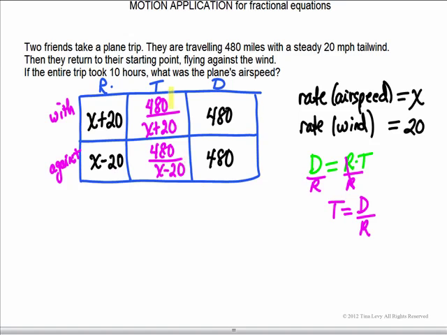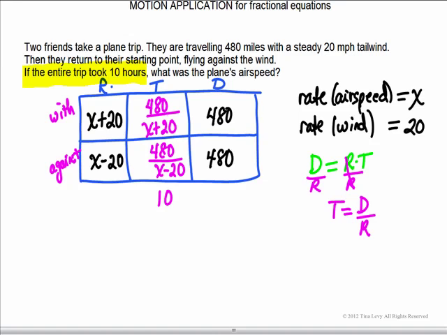This column is going to give us the sentence, but we go back to the problem and we see that the entire trip took 10 hours. So that means both with the wind and against, the sum was 10 hours. I'm going to put the 10 here to indicate that summing those up was 10 hours.